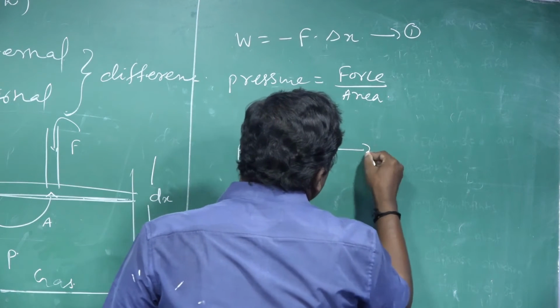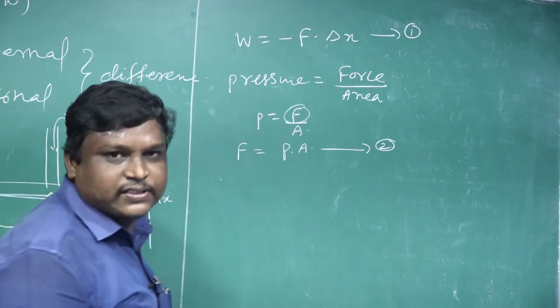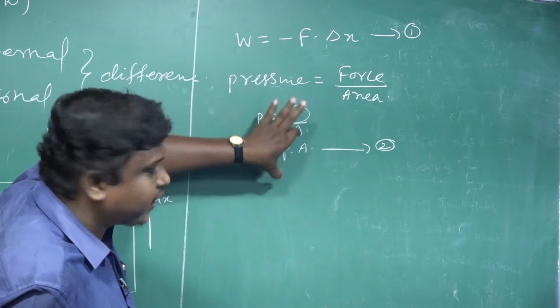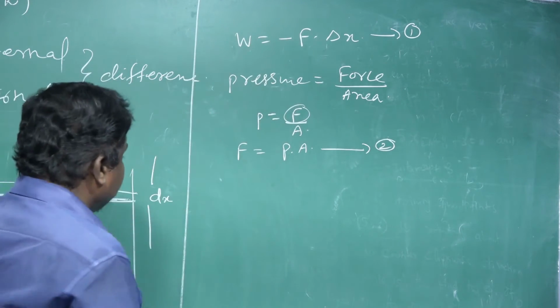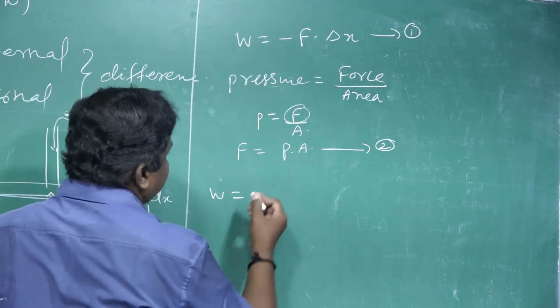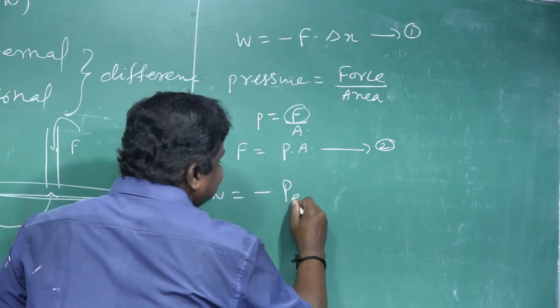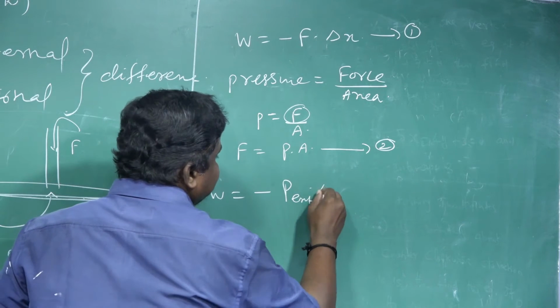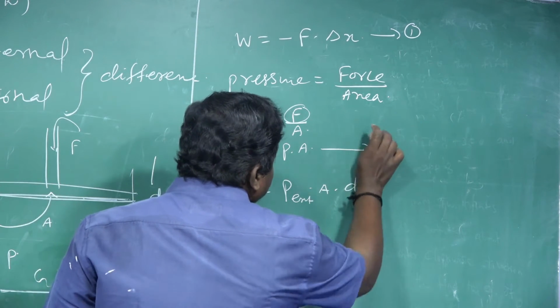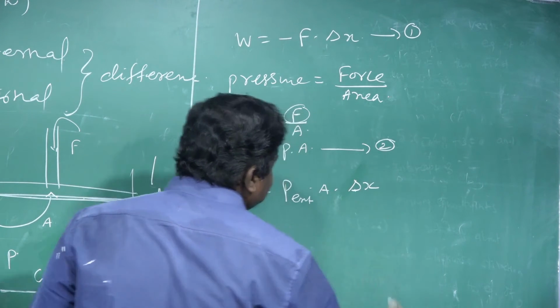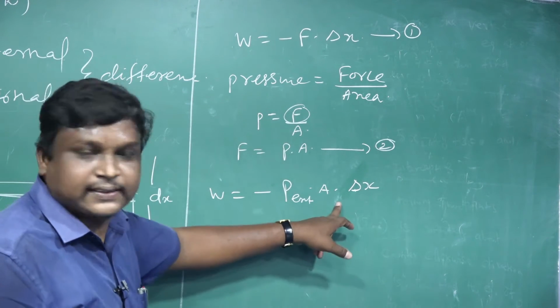Next, this is equation 2. Comparing equation 1 and 2, the work W is equal to minus external pressure into cross-sectional area A into dx, that is delta x.